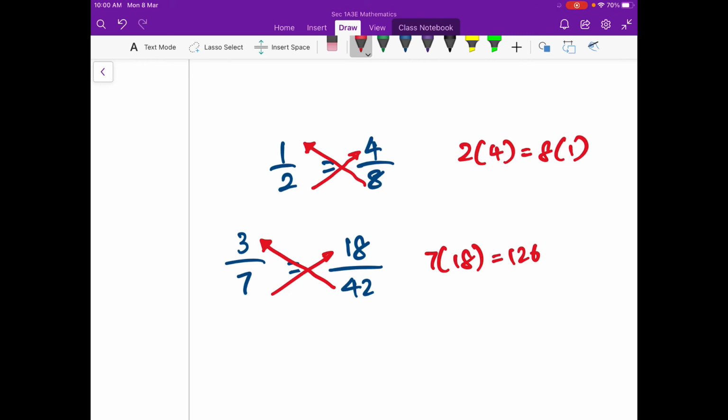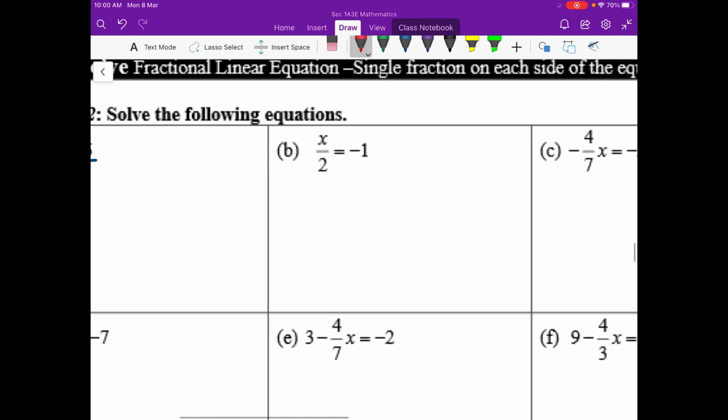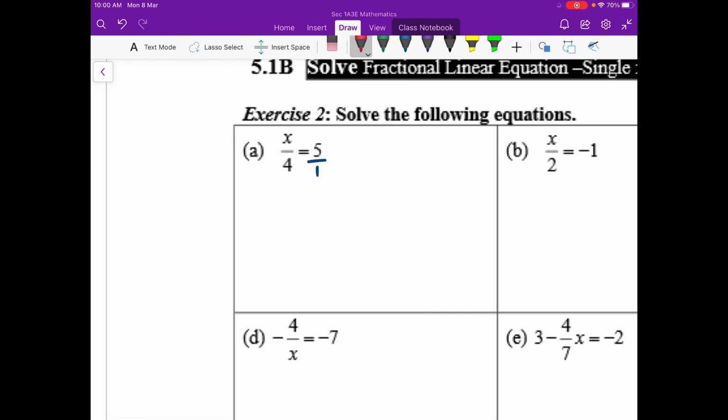Oh, you also get 126. You know that there's this relationship? Okay, so I'm going to use this relationship over here. x over 4 equals 5 over 1. And I'm going to draw a little arrow over here. x times 1 equals 4 times 5. So x equals 20. Okay, this is the other option.